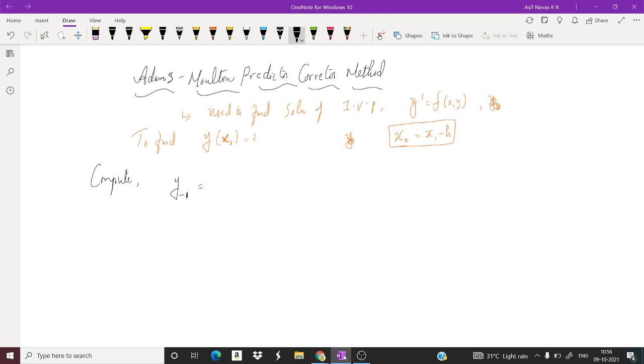Y minus 1 is y of x naught minus h, y minus 2 is y of x naught minus 2h, and y minus 3 is y of x naught minus 3h, and so on. Either these are given in the question, or we compute them by using Euler's method or Runge-Kutta method.